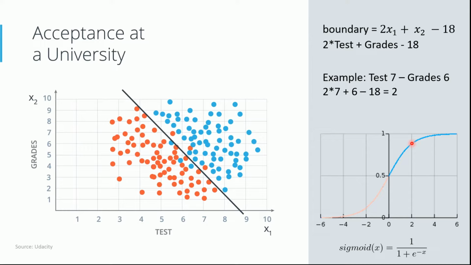Since we have a negative number produced by the linear function defined by this line, we know that the sigmoid activation function will take any negative number and turn it into a probability between 0 and 0.5. So by saying 0.3, we already know that we got a negative number here, right?